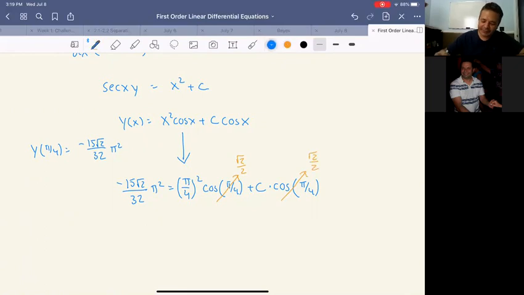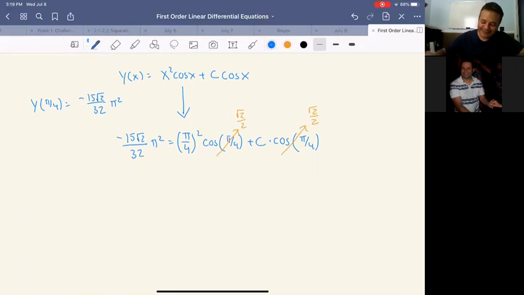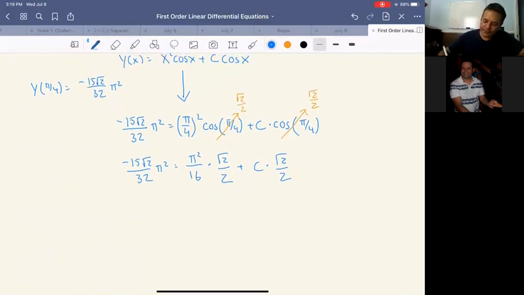So we're going to get negative 15 root 2 over 32 pi squared equals pi squared over 16 times root 2 over 2 plus c times root 2 over 2. Let me move this over.